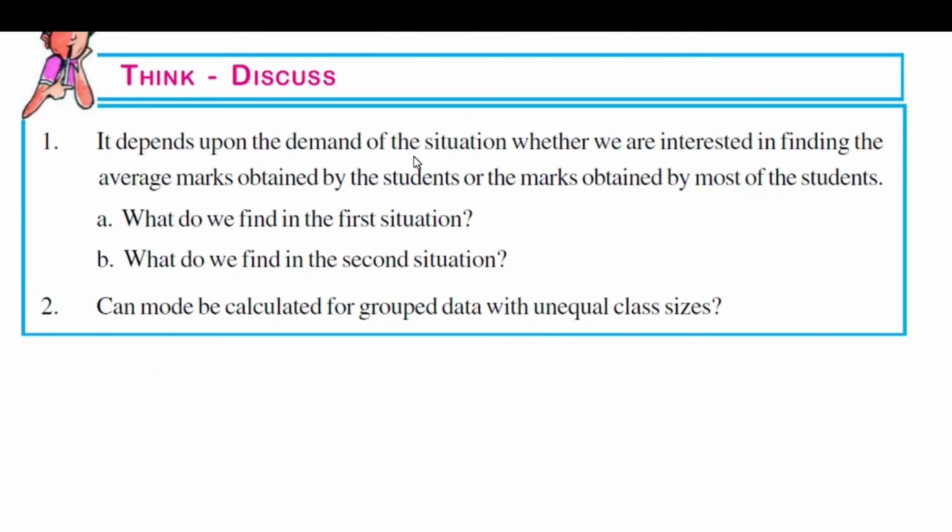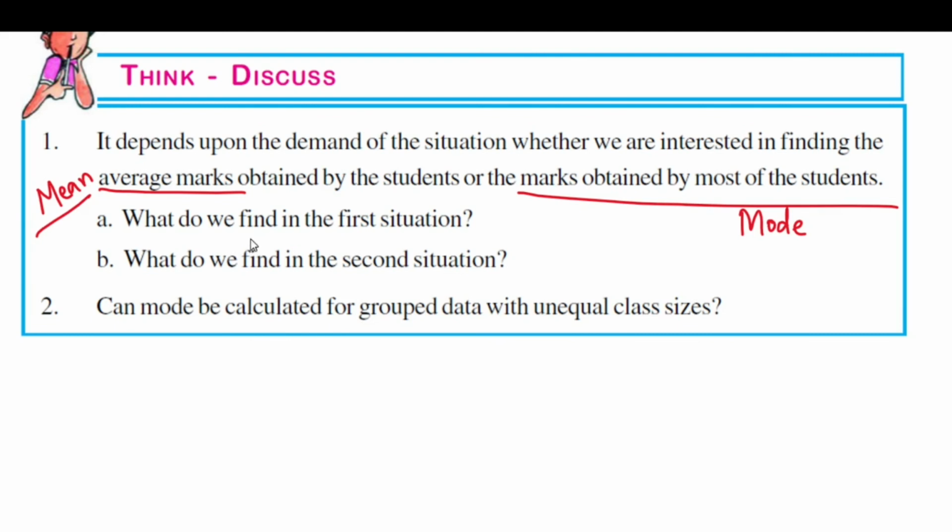Let us see the questions under the think and discuss portion. It depends upon the demand of the situation whether we are interested in finding the average marks obtained by the students or the marks obtained by most of the students. Average marks is given by finding mean. Marks obtained by most of the students is mode.